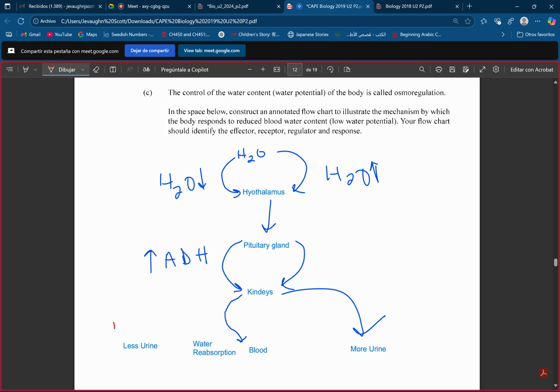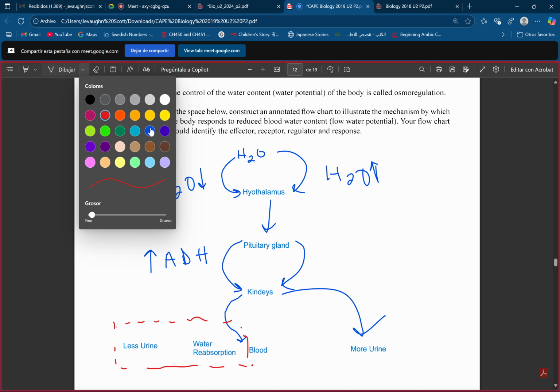All right, so I have that there. That would now counteract that change. No, he didn't state that, but by the collecting duct.